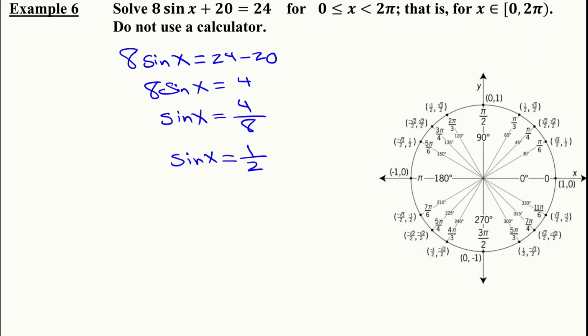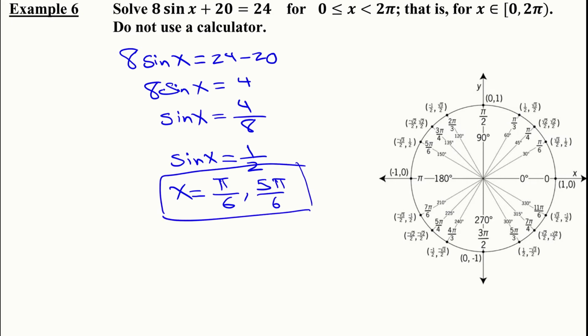So we're going to say that x can be either pi over 6 or 5 pi over 6. And that's it. That's all we have to do. Make sure you can do a simple problem like that before we proceed.